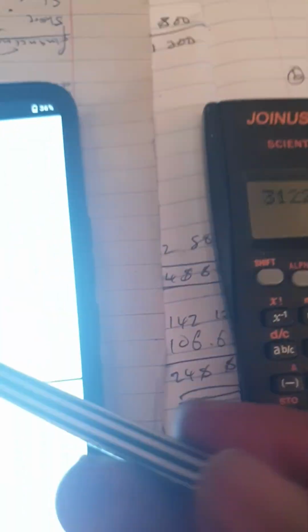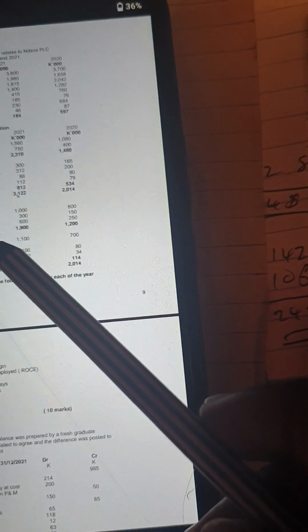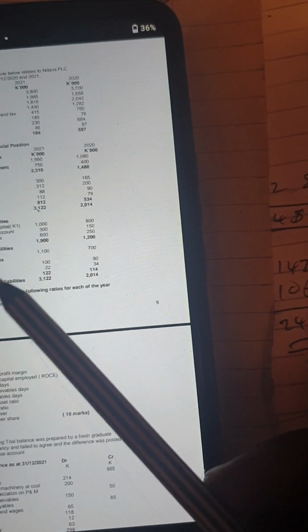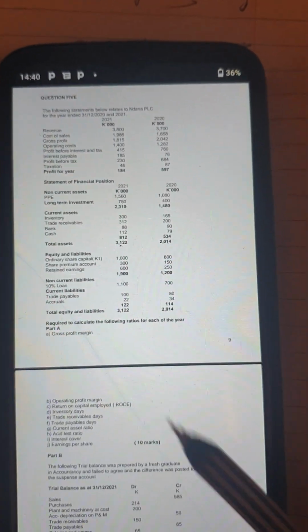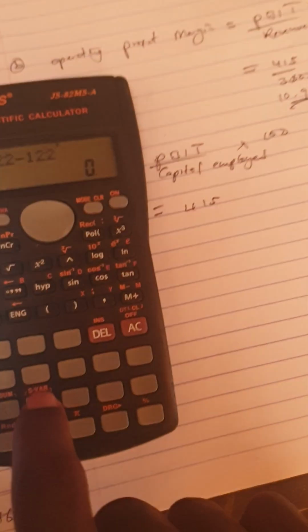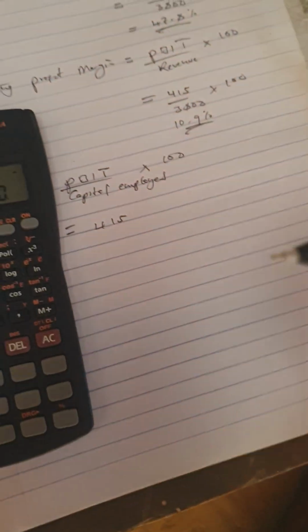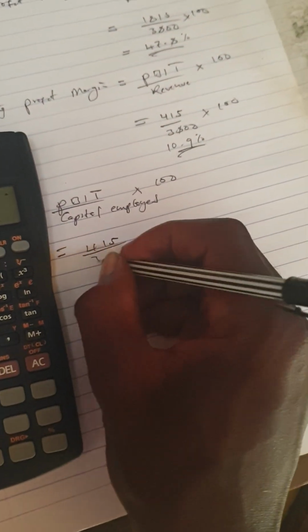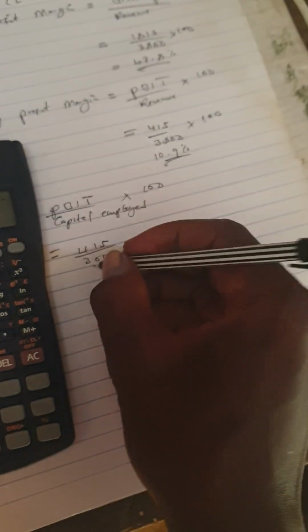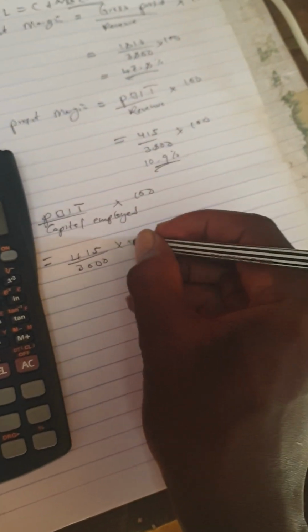That total has already been calculated for us. Then we're just subtracting current liabilities, which are under equity and liabilities, of course. So all these are equity, non-current liability. Okay, current liabilities are 122, so we're subtracting the 122, which is going to give us 3000 as our capital employed. So times 100%.